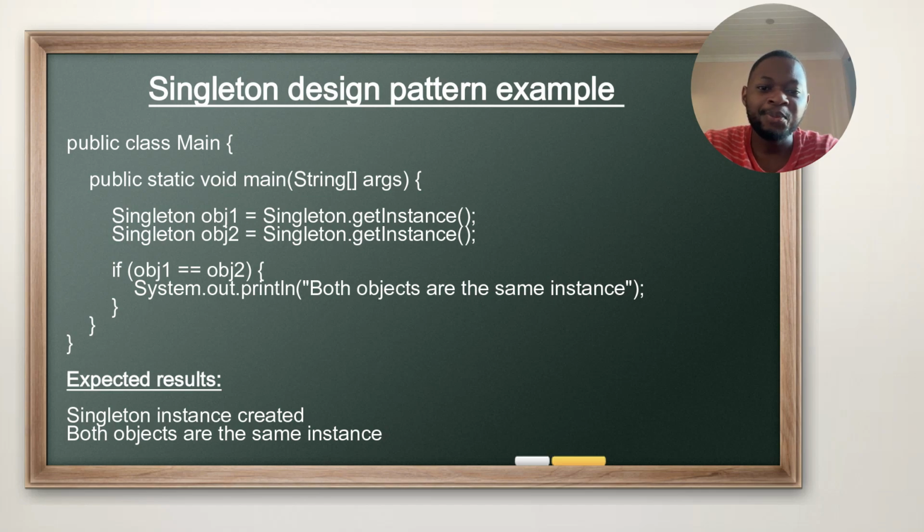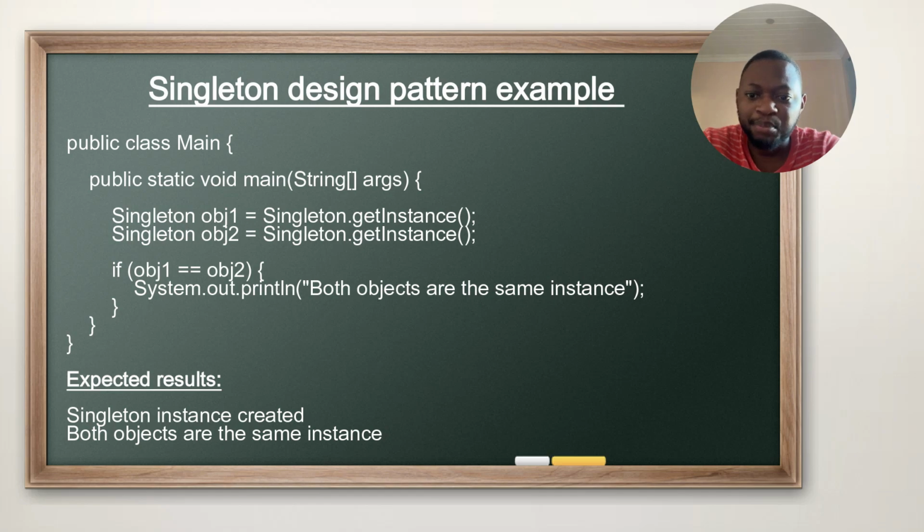But no, what's actually happening here is, since the private instance variable is a static variable, that means it's a class variable. It was generated with the class when the class was loaded in the JVM. Now we're just getting that object, the singleton object.